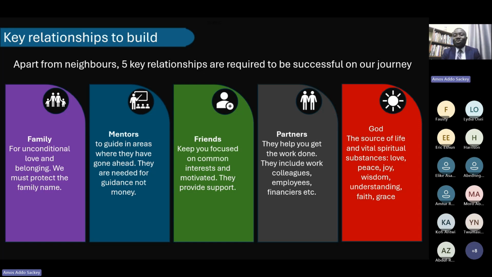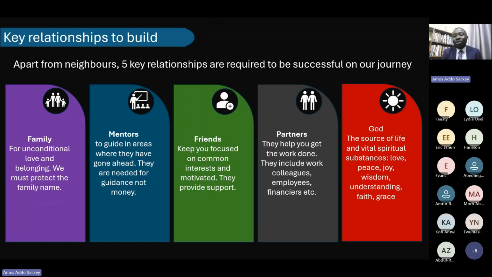And then one also that we need is God. This relationship with God, people forget sometimes, but there are things that you cannot get anywhere else apart from God. Like love. I don't know who sells love or where love is that we can go for.